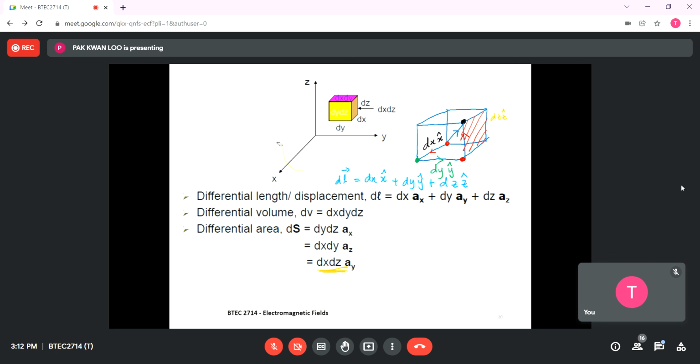So the direction of the area is referring to the perpendicular vector, the direction perpendicular to the surface of the area. So by looking at the red shaded area, if you imagine, then the direction perpendicular to this area represents the differential area. So it is in the y direction. It is in the y direction. So do you get my explanation?